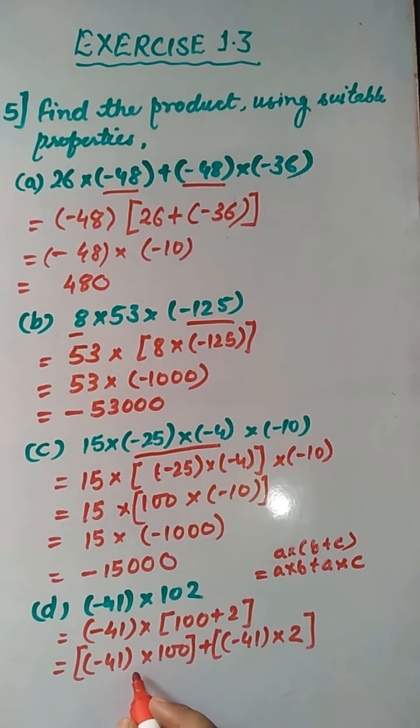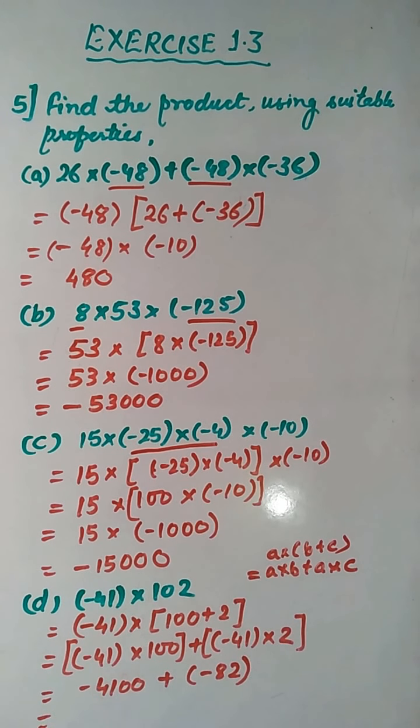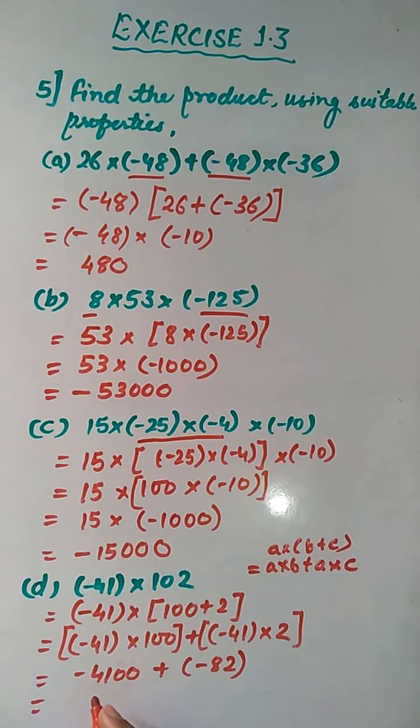So minus 41 into 100 is minus 4100, plus this minus 41 into 2 will become minus, how much? 2 ones are 2, 2 fours are 8, minus 82. Now both the numbers are in minus, and I told you that minus minus will become plus. So add these two numbers and sign will remain minus.